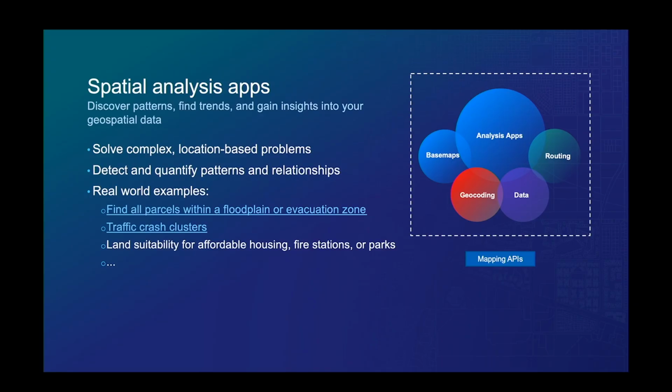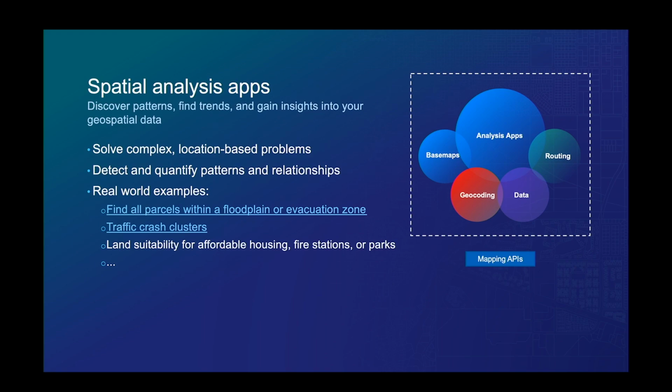As an overview, the spatial analysis service discovers patterns, finds trends, and gains insight into your geospatial data. But there are many ways to do spatial analysis. In this particular case, we're going to look at a server-side based approach.